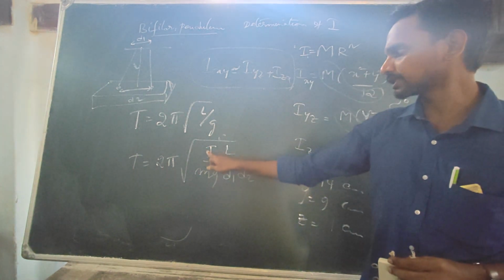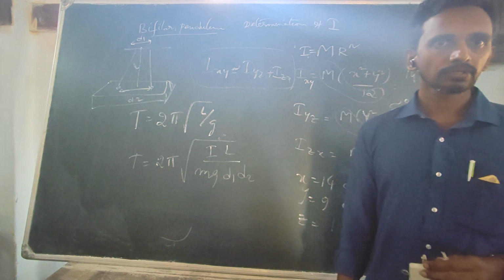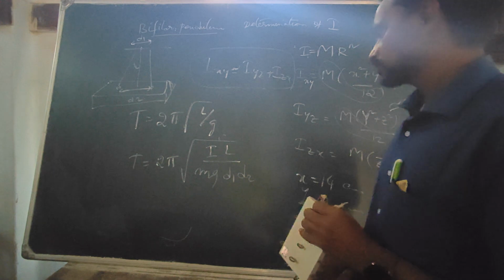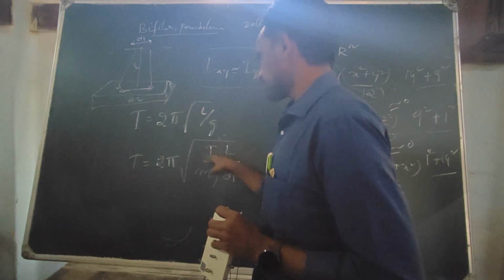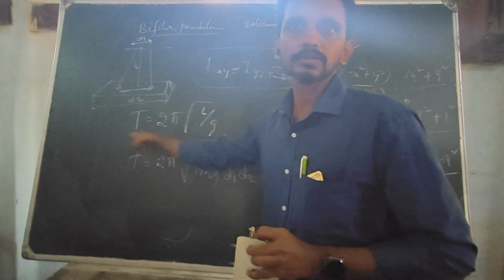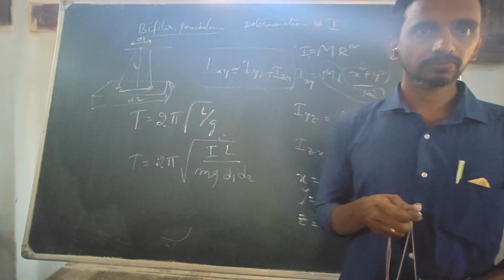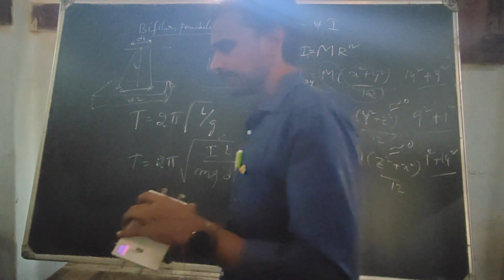So I am introducing I and dividing by M D1 and D2. So this is what the total formula is. So what happens? The more the moment of inertia, the more the time period. So that is what we will verify.